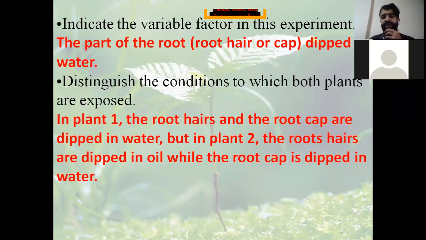The variable factor in this experiment, we said, is the part of the root, whether the root hair or the root cap, dipped in water. The conditions to which both plants are exposed: in plant 1, the root hair and the root cap are both dipped in water. However, in plant 2, the root hairs are dipped in oil, while the root cap is dipped in water.